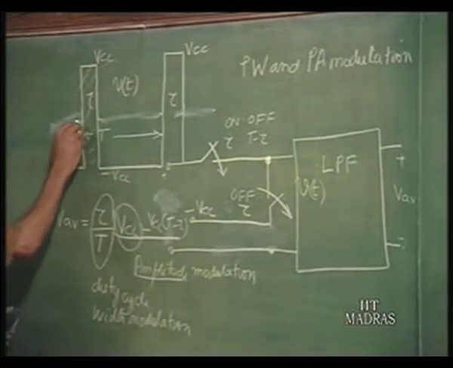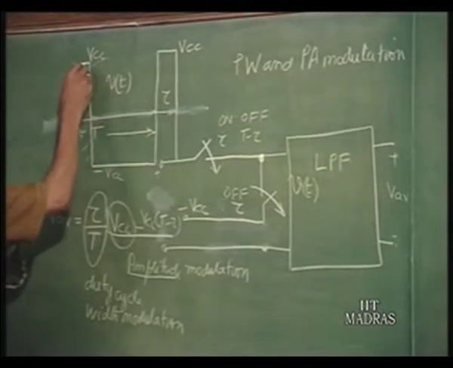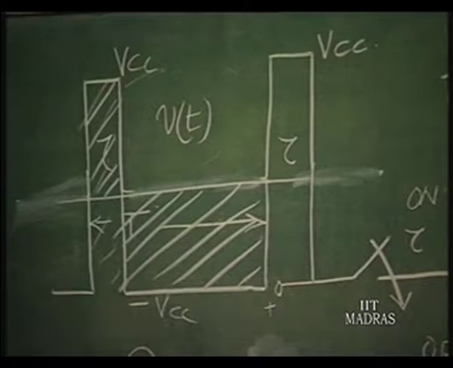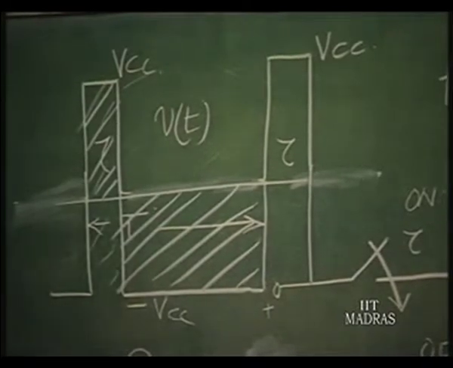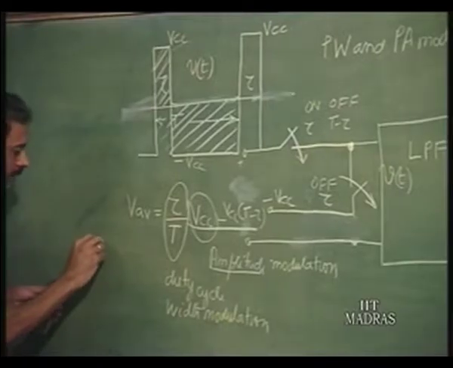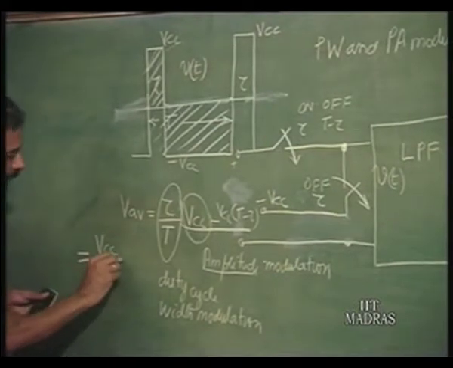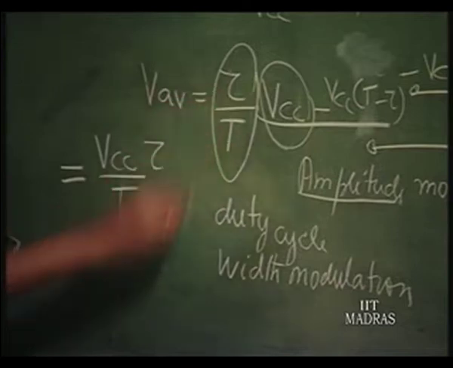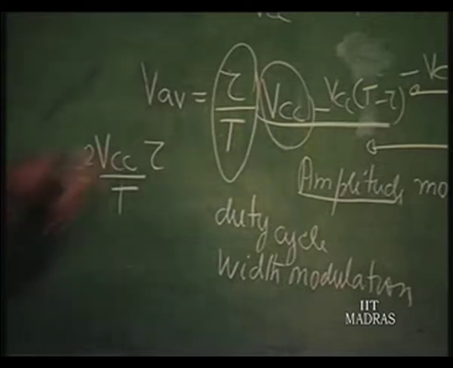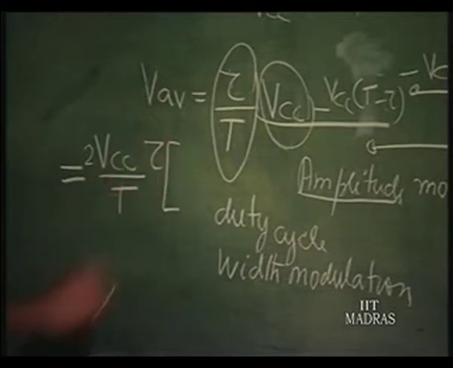So, basically we have this area and this area, and that divided by T is the average. So, this comes out to be, Vcc comes out, T also comes out, tau also comes out. So, you can say this is 2 tau.